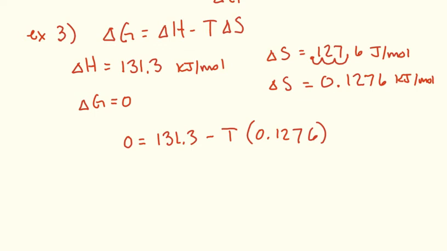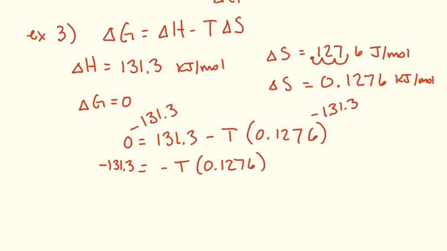So first move is I would subtract 131.3 from each side. So we're going to get a negative 131.3 equal to a negative T times our delta S. Okay, I can divide each side.